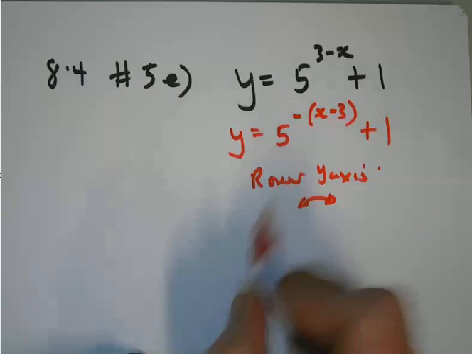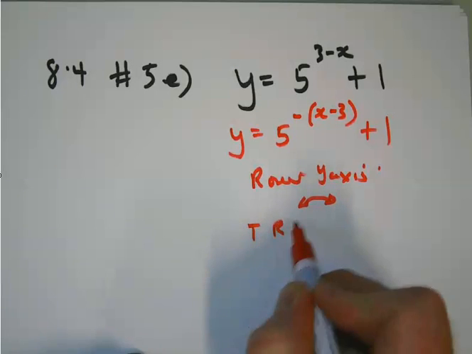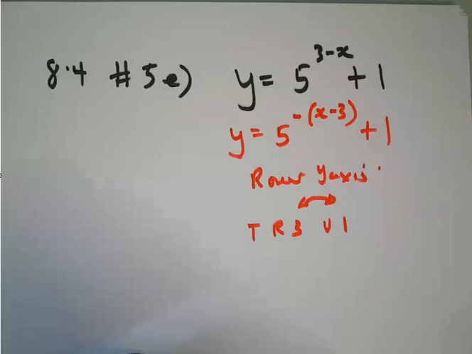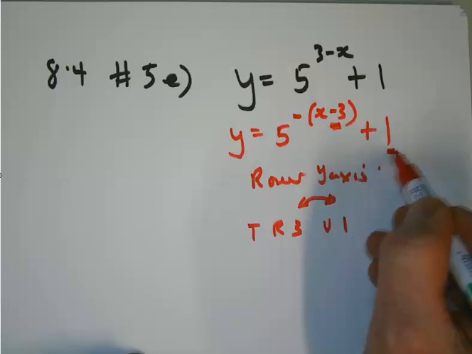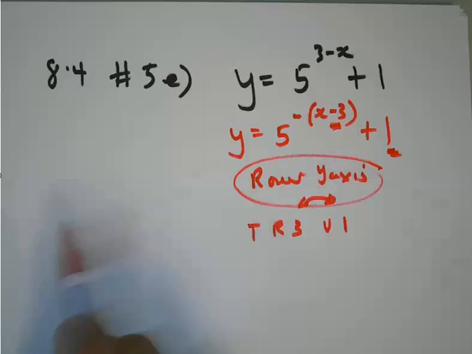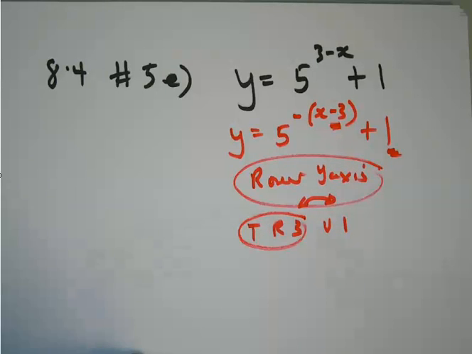It's been translated right 3 and up 1. This is the translation to the right 3. This is the translation up 1. This reflection will not affect where the asymptote is. This translation will not affect where the asymptote is. This translation up 1 will affect where the asymptote is.